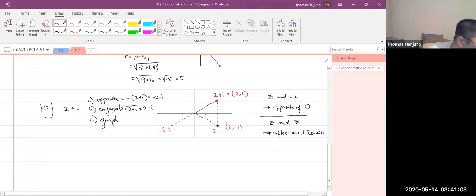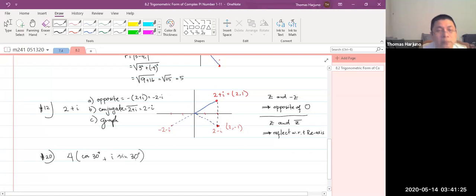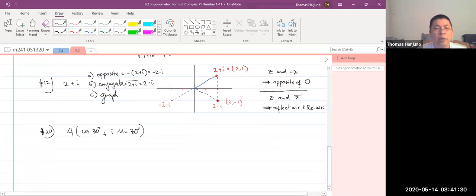Now, how about number 20? We have a complex number in trigonometric form: 4 cosine 30 degrees plus I sine 30 degrees. Suppose we are given a complex number in trigonometric form.